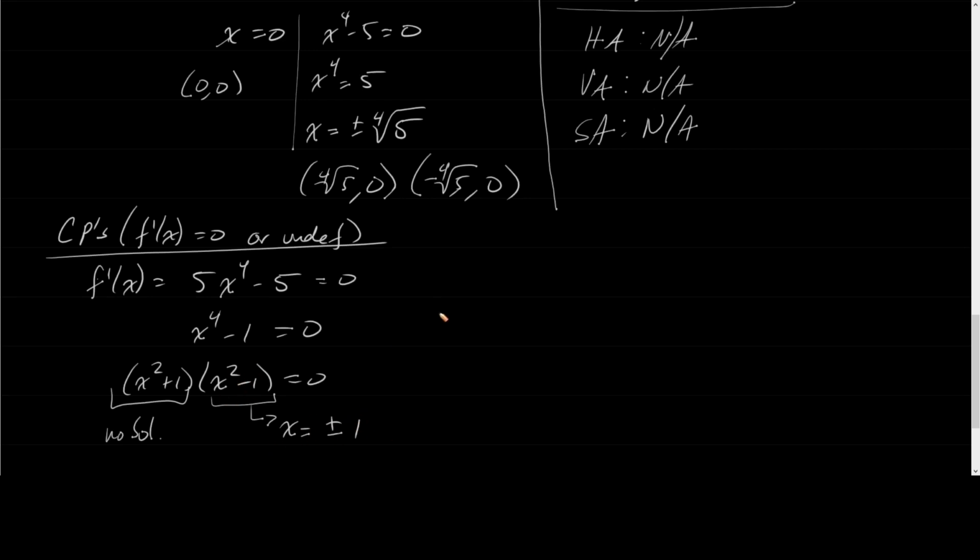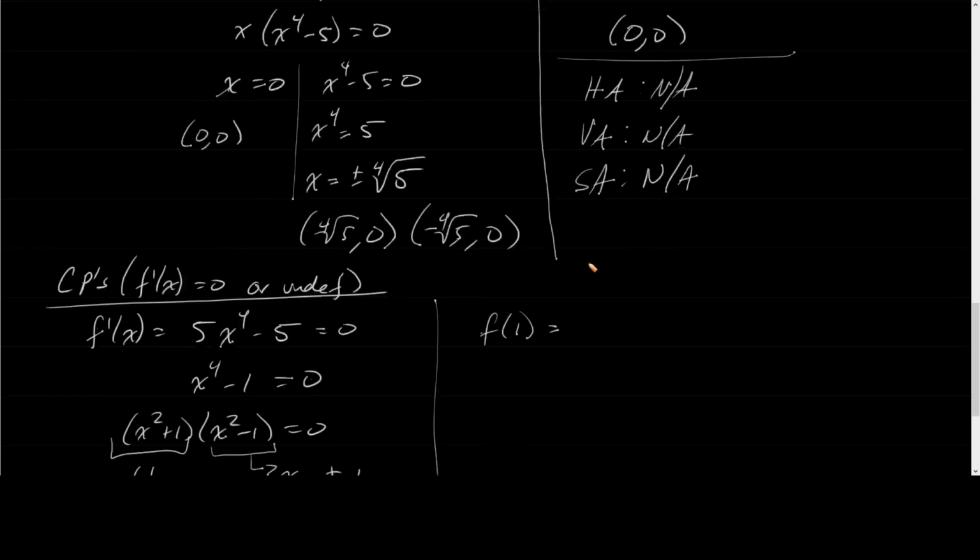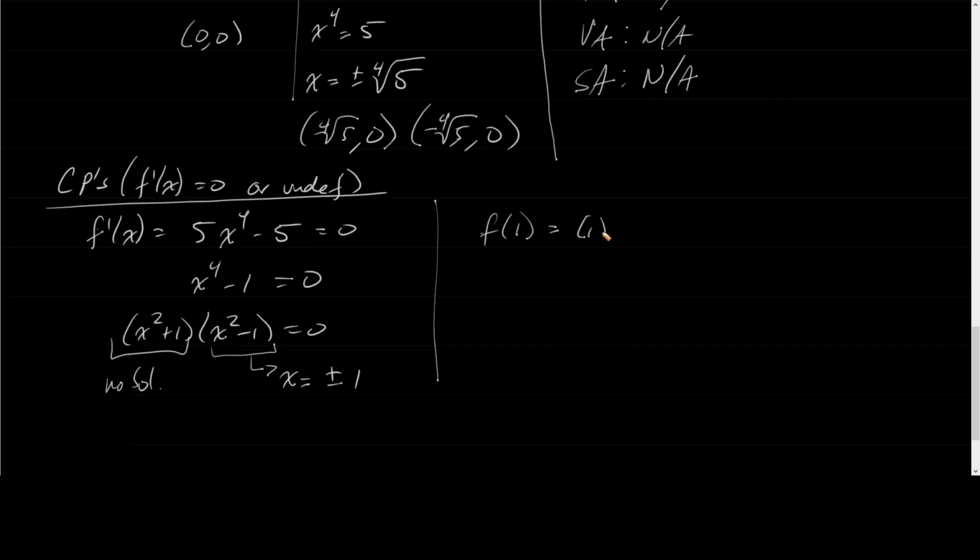Now what does that give us? When x equals 1, I plug in 1, f of 1. Recall that our function was x to the fifth minus 5x. So 1 to the fifth minus 5 times 1. That's 1 minus 5, it's negative 4. f of negative 1: negative 1 to the fifth minus 5 times negative 1.